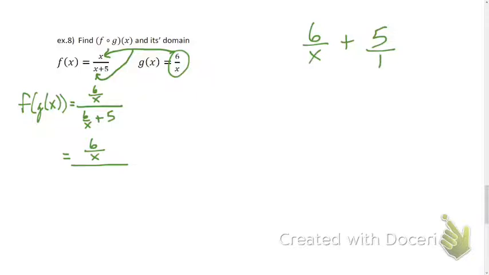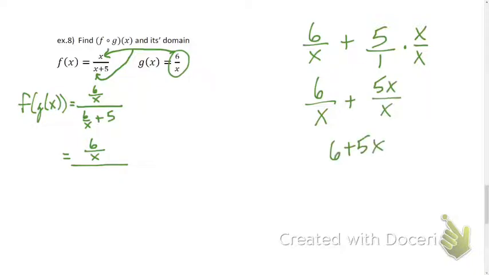And let's let the common denominator be x, so I can multiply this fraction by x over x. And then we have a common denominator. I can combine these 2 fractions. So my new denominator is this.